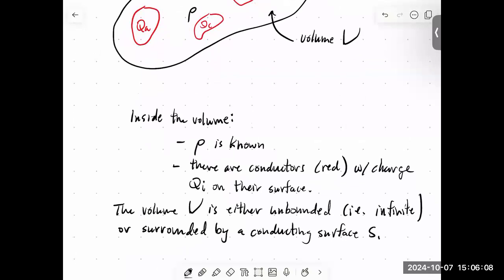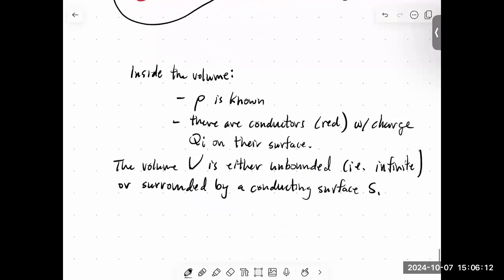So the potential may not be zero, but it's constant. Okay, and in either case, unbounded or surrounded by a conductor, V is constant on the bounding surface.